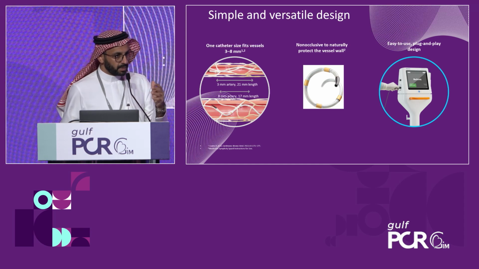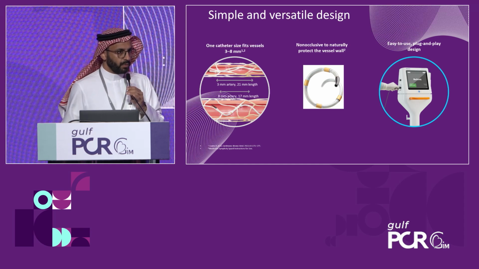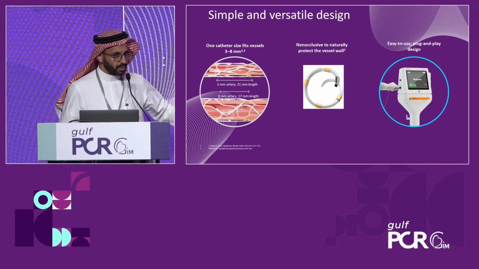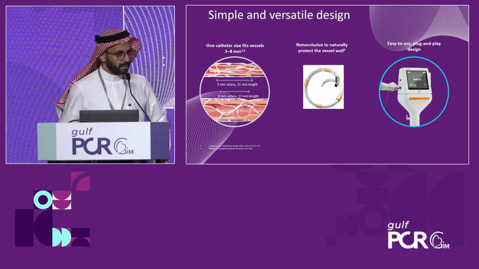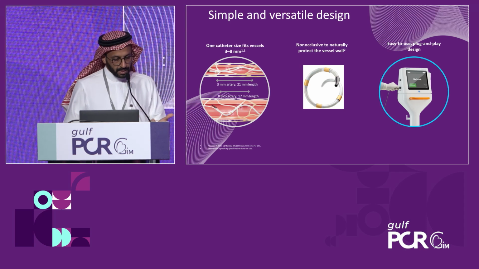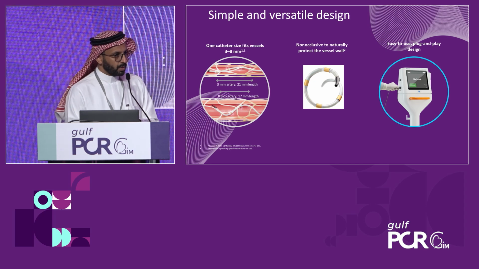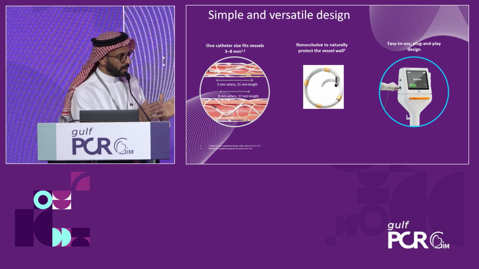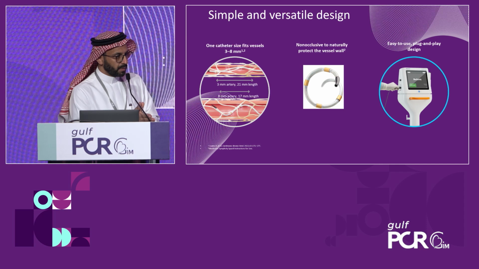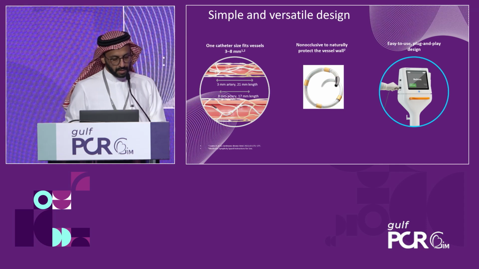Sometimes I advocate doing a CT scan, because you may find an accessory artery coming down from the iliacs, which you have to ablate if you want effective treatment, because it's a branch going into the kidneys and it has nerves that can cause hypertension. And the new catheter also accommodates the average size of renal arteries, between 3 and 8 millimeters, because of its helical appearance.